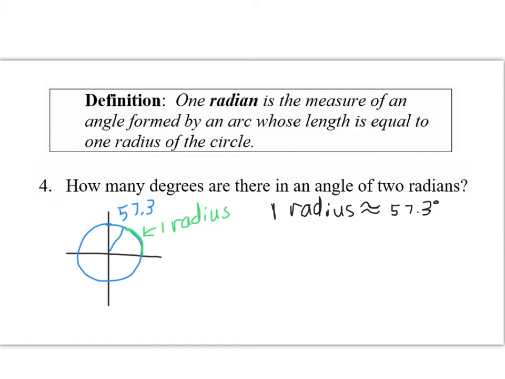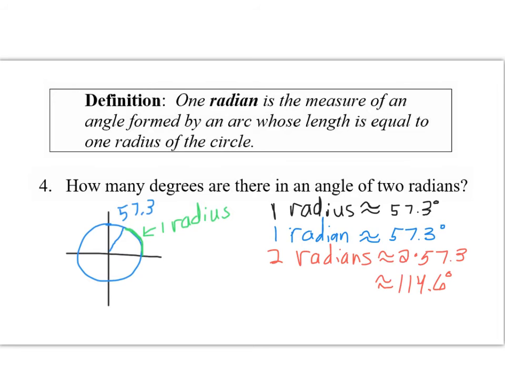All right, check and see if this is what you got. Naturally, if 1 radian is 57.3 degrees, then 2 radians would be twice that. So we just multiply and we get 114.6 degrees.